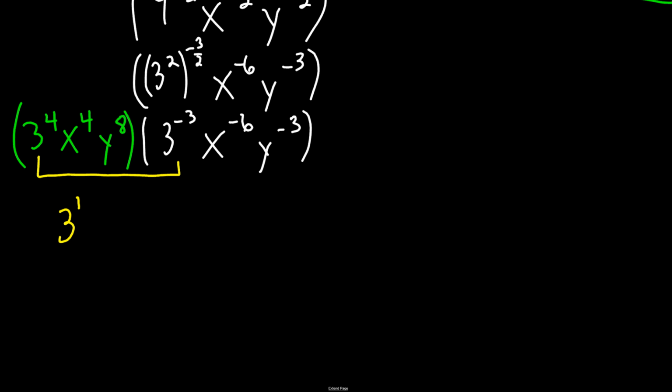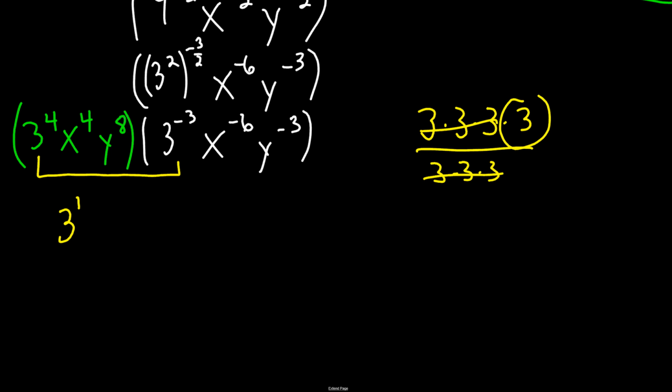And the reason we add the exponents is we would have 3 to the fourth like this, 3 to the negative 3 would be like that. You'd cancel out 3 3's, and you'd end up with 3 to the first on top. All right. If we have x to the fourth and x to the negative 6, we're going to have x to the negative 2. And then y to the eighth and y to the negative 3 is going to be y to the positive 5.